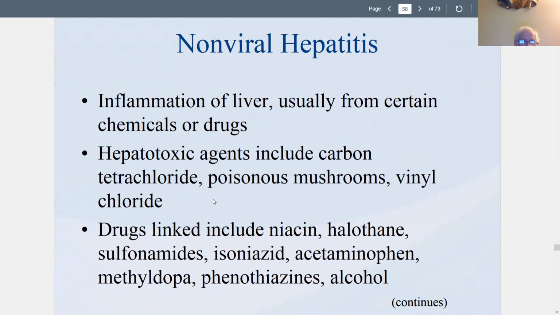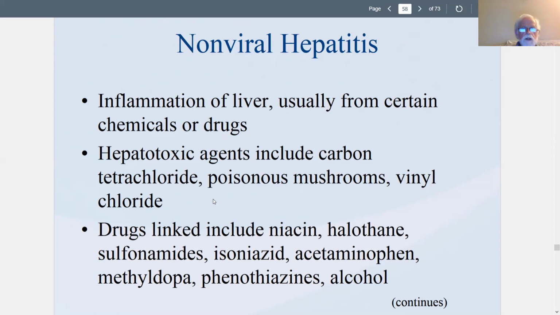The chemicals can include carbon tetrachloride. That's why we no longer allow that to be used in dry cleaning. Some of the nastier mushrooms, and vinyl chloride, which is a common chemical used in the chemical industry.